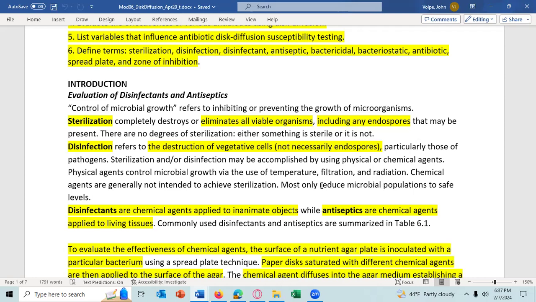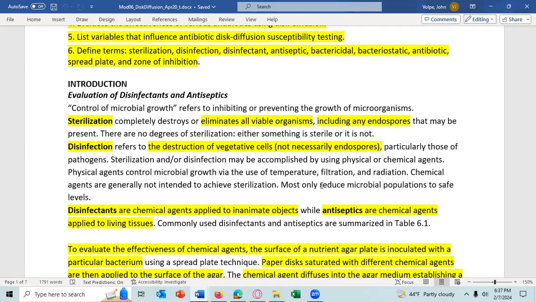A disinfectant is a chemical agent applied to an inanimate object. So when you're using bleach on your toilet, the bleach is a disinfectant. It does remove most, well, all vegetative pathogens and vegetative cells, but bleach does not kill all endospores.